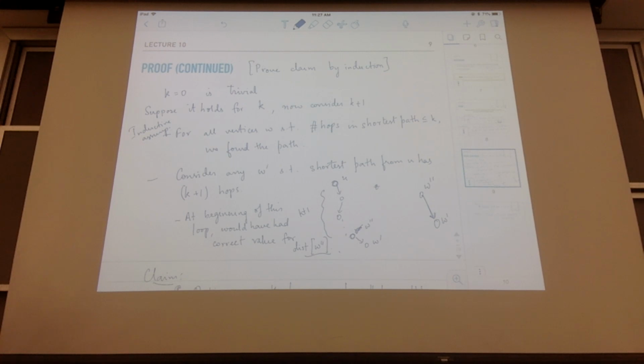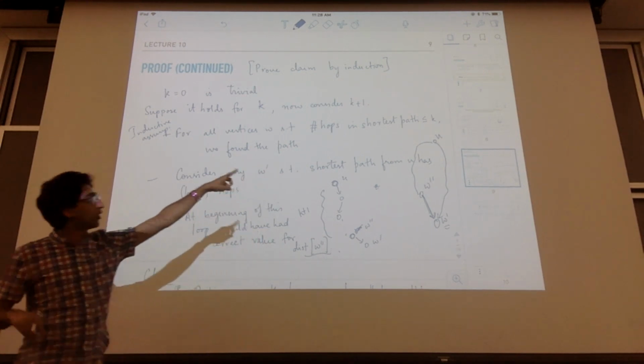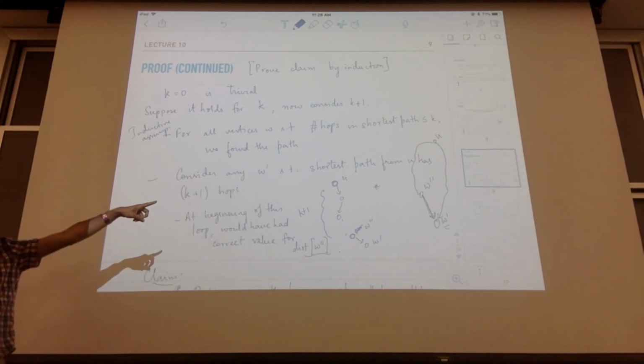Now the check you will do is essentially if the distance value for W prime, which is essentially the candidate path you had from U to W prime so far, had a distance that is less than the candidate path to W double prime plus the length of this edge, and you know that you had the optimal path from U to W double prime.